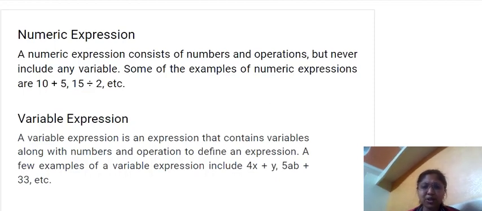A numeric expression simply consists of numbers and operations, that is 10 plus 5, 2 minus 3, 15 divided by 2, 4 into 6, etc. While a variable expression contains variables along with the numbers and operations defined on them. For example, 4x plus 5, 5ab plus 33.